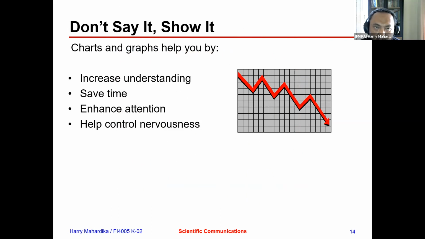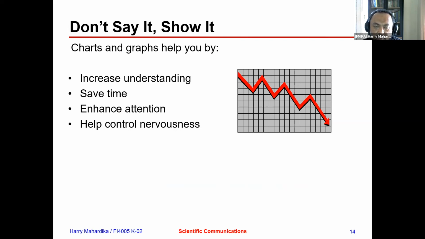Okay, so one way to explain your data is basically to show the behavior of your data or your findings in the format of charts and graphs.